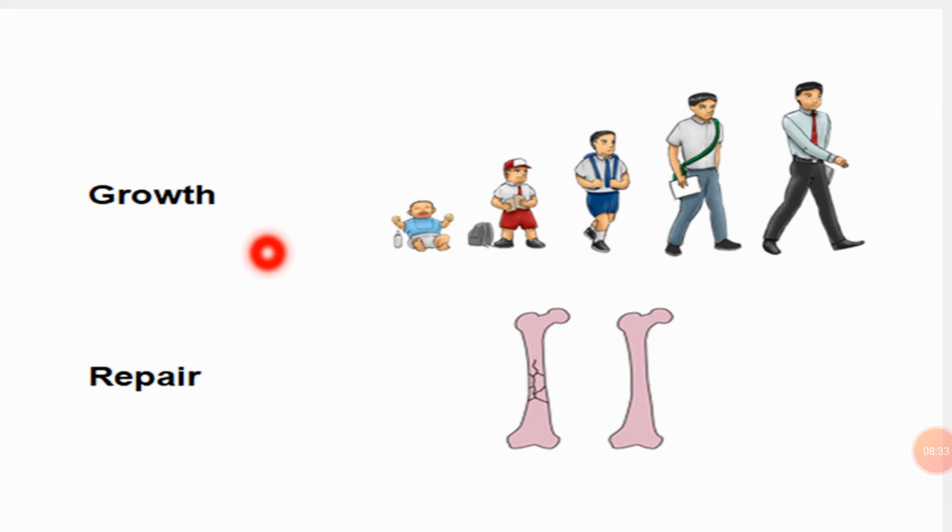And look at this one, this is the growth process that is given here. When a person grows, further cell division will continue in the body of the human being.